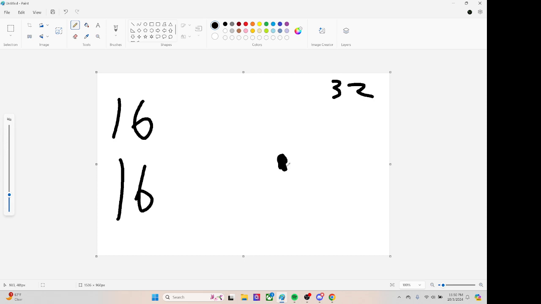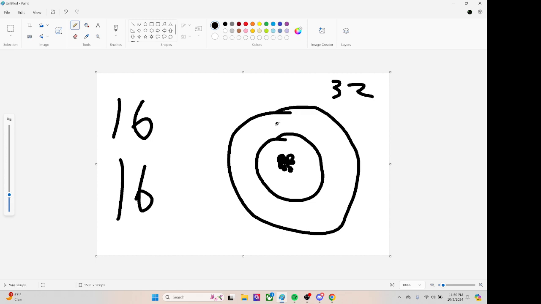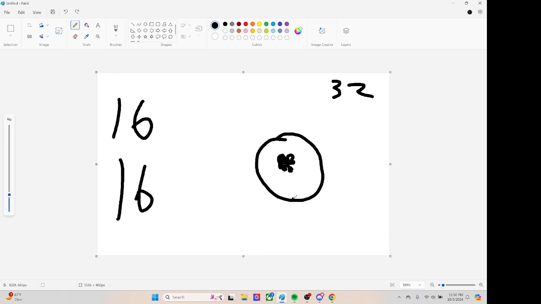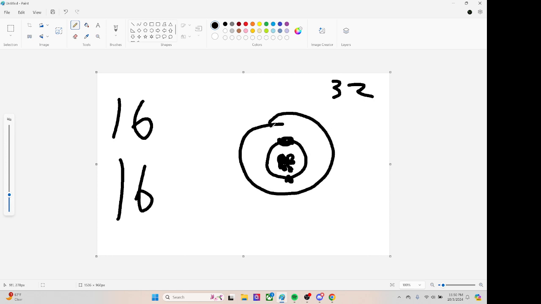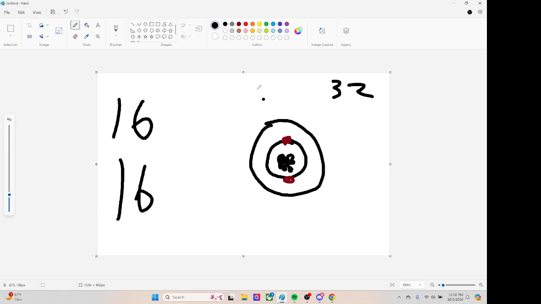So we're going to draw a little diagram. Let's say this is the little atom, the protons and neutrons. Then you draw the orbital shells. The first ring always has 2 electrons: 1, 2. The second shell, count from 1 to 8. You have to follow the octet rule, where it has to make 8 electrons each row.